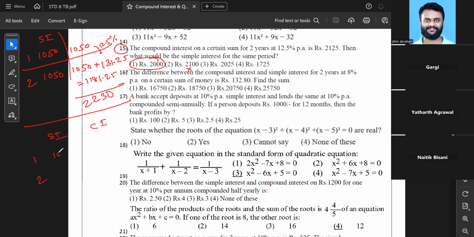Divide 2000 into two, 1000 and 1000. First year compound interest is 1000. Second year is 1000 plus 12.5% of 1000, which should be 125. When I add the total interest, it will be 2125. Yes, so 2000 is working. Which means option 1 is my correct answer.